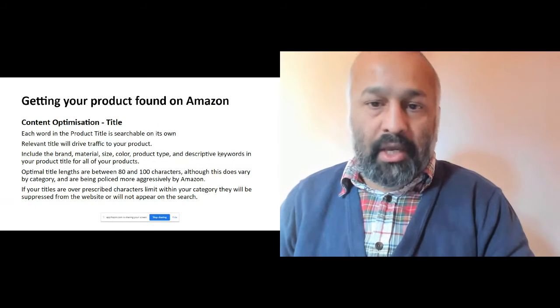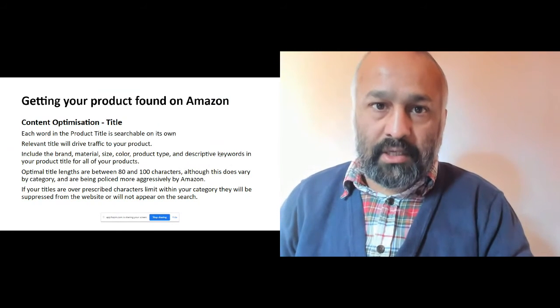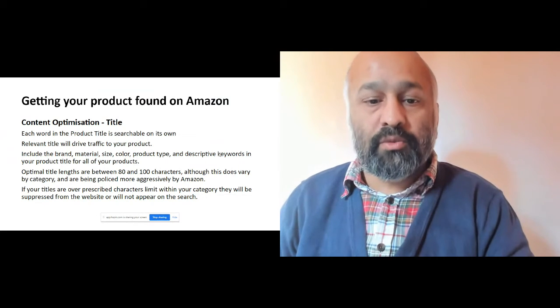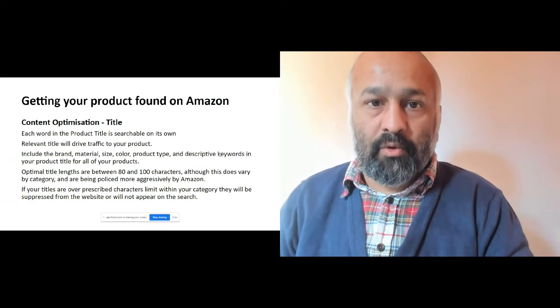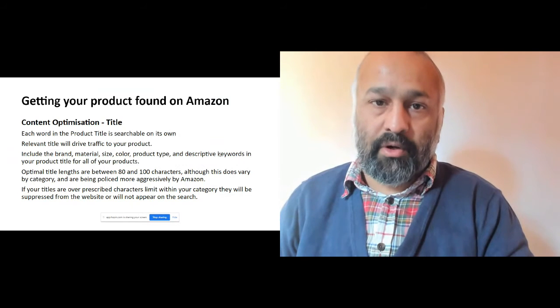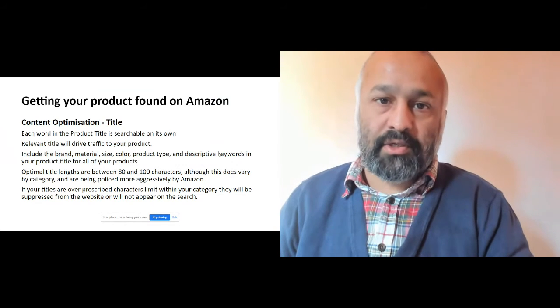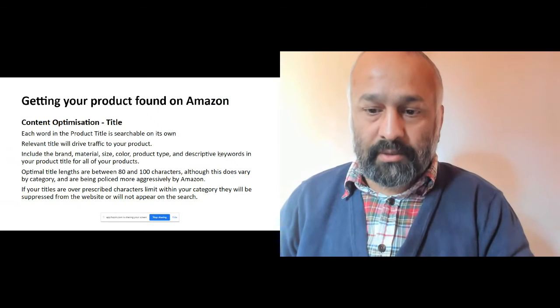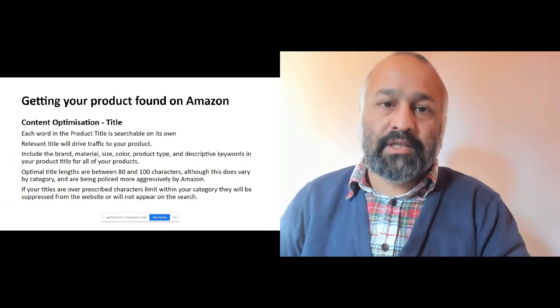Each word in the title is indexed, so it's important. We want to populate the right keywords, or the right way of writing the product. Generally the brand name, material, size, color, and any features of the product go into the product title, and it needs to be within a certain character length.